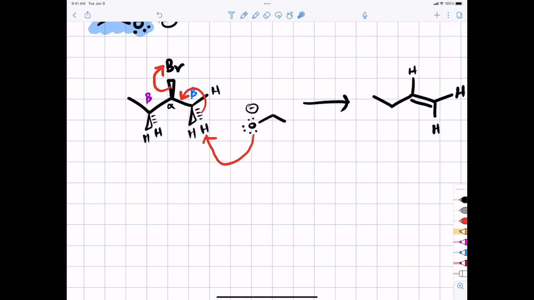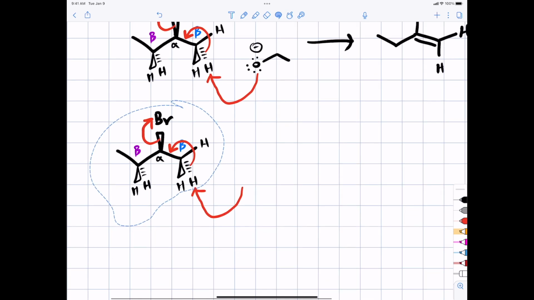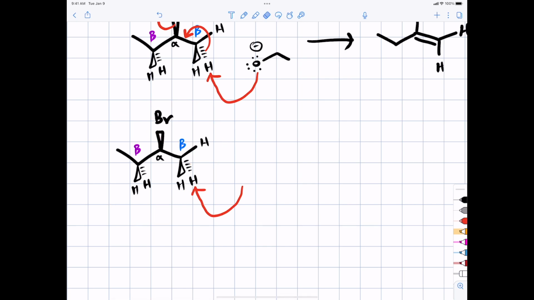It just turns out not to be the way things work out, for reasons that we'll talk about a little bit later when we talk about the structure of the alkyl halide. But for now, it's enough to see that we have the possibility of attacking that other beta proton too.